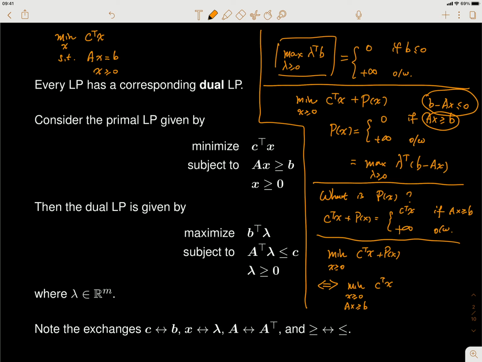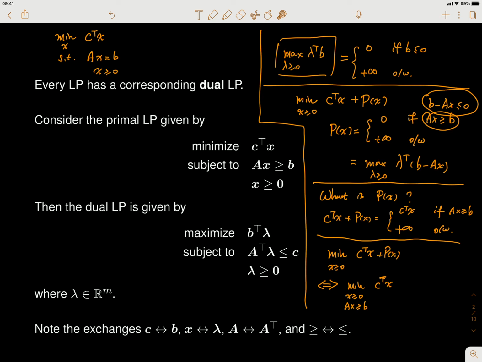Okay, and now you can see that this is exactly the same as the primal problem here. We're minimizing c transpose x subject to the constraint that x is non-negative and Ax is greater than or equal to b. And that's exactly the primal problem right here.